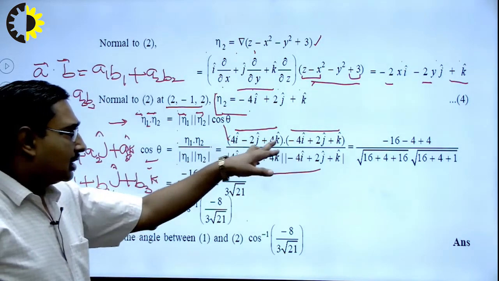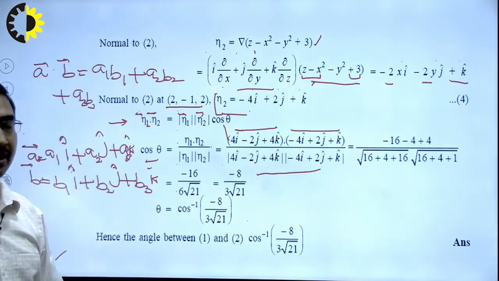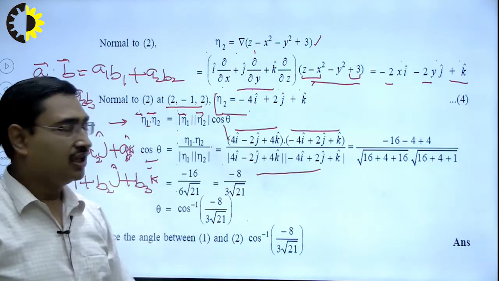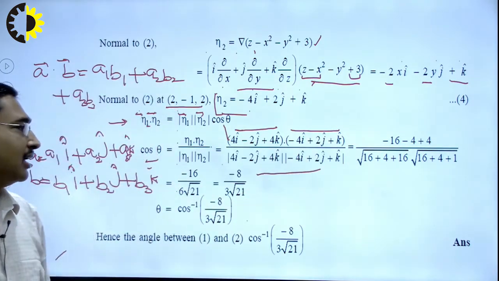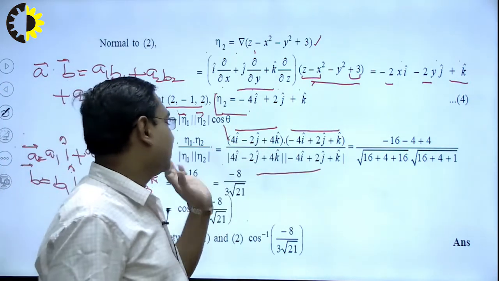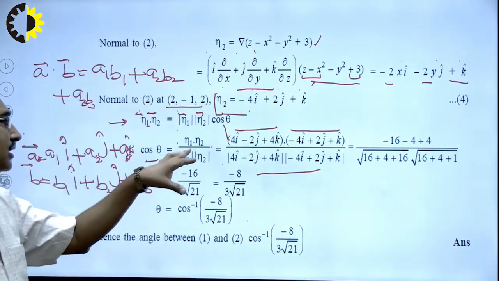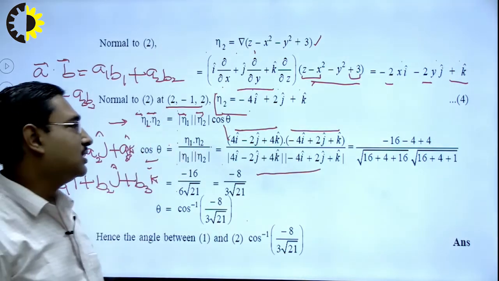That is, coefficients of i are multiplied together, coefficients of j are multiplied together and coefficients of k are multiplied together, and adding the results I shall obtain A dot B. By using this rule, n1 dot n2 is calculated.